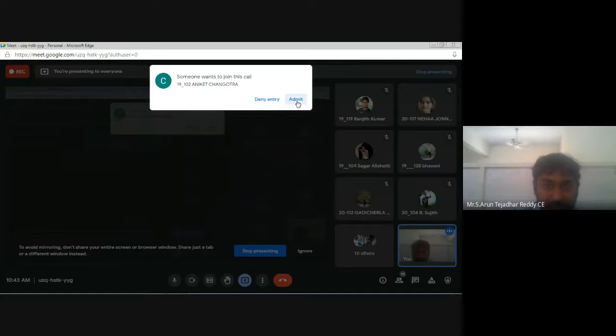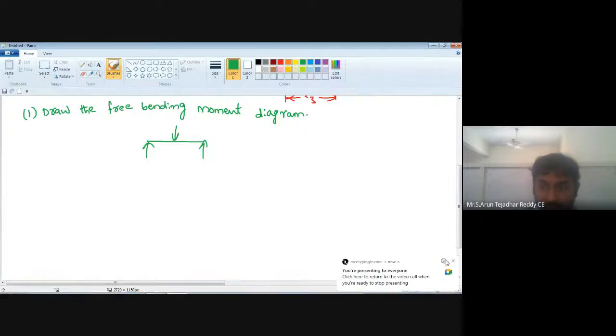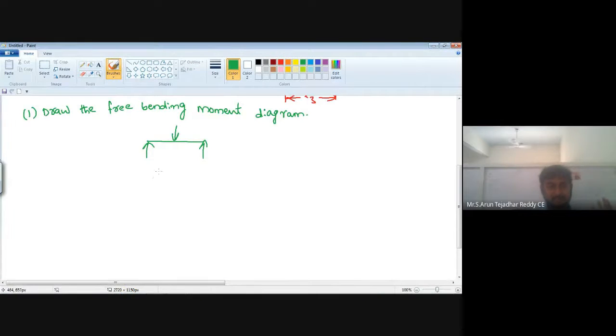In which shape will you get it? See, your load is acting here, so you will get the maximum moment here. Now join the points. So this is your maximum bending moment diagram.